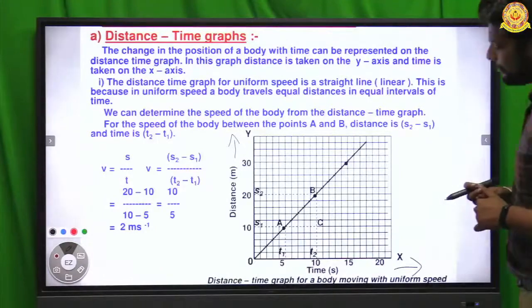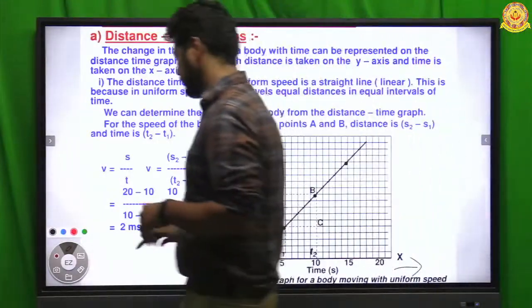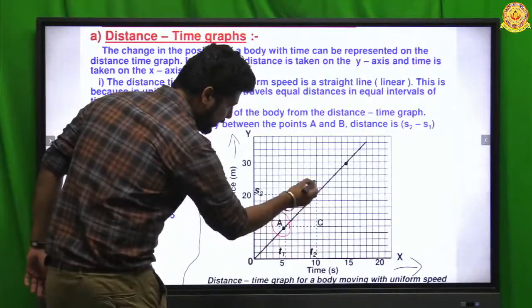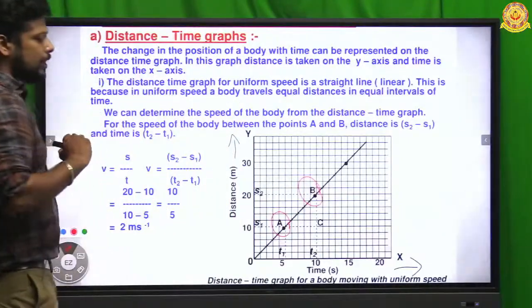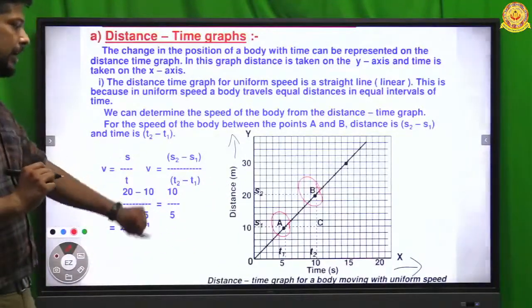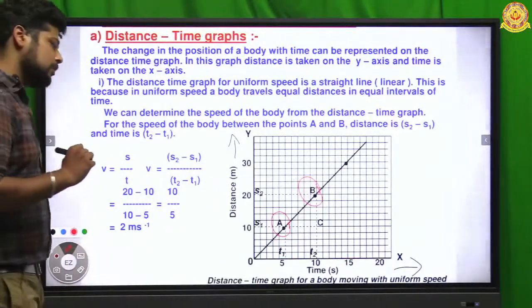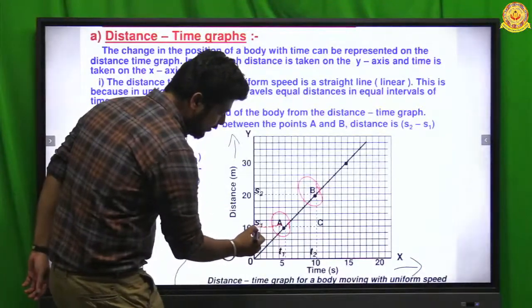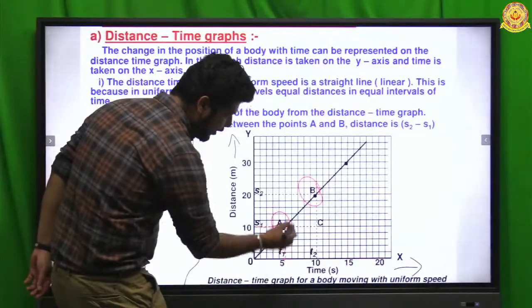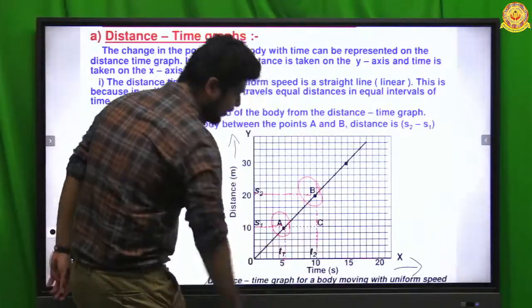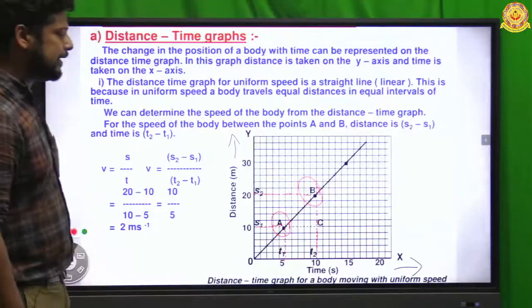From point A to point B, I have to find the speed. So we make lines parallel to the x-axis and y-axis.